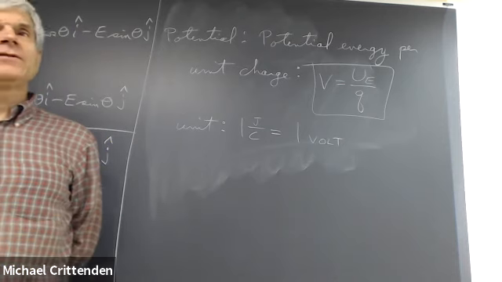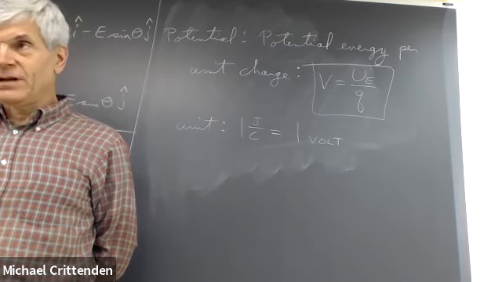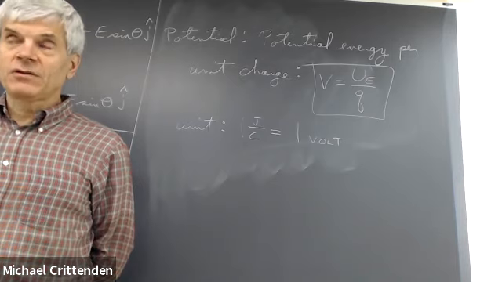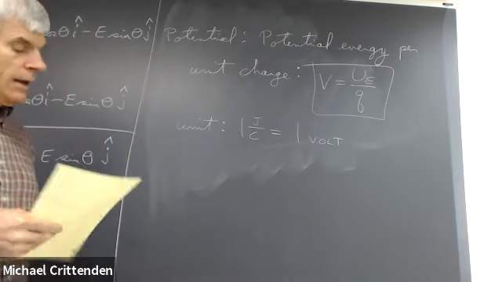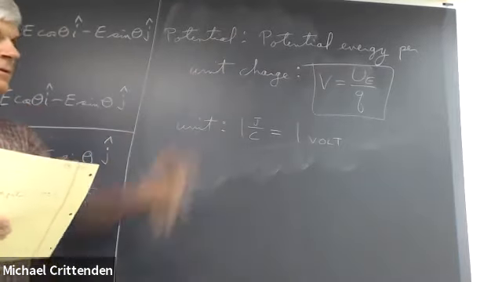Frequently, what you find yourself talking about actually is the difference in potential between 2 points rather than the absolute potential somewhere. And so that's the same thing just with deltas.